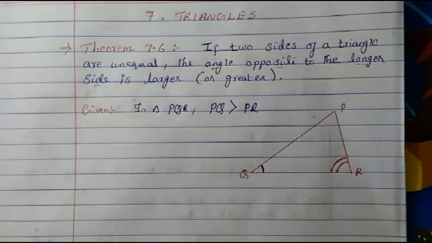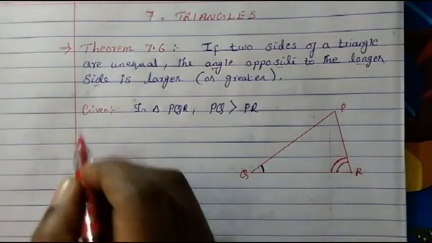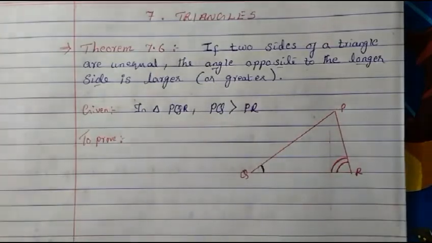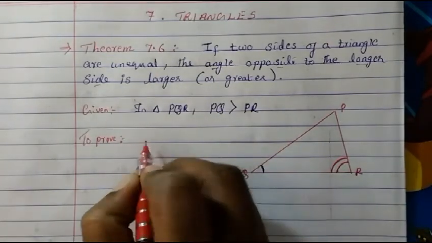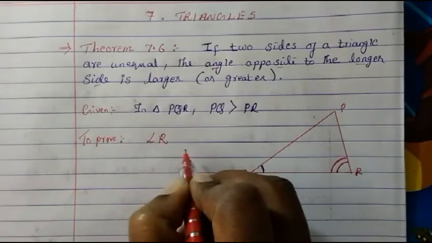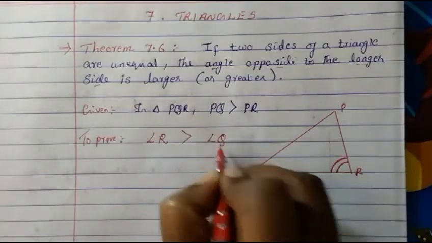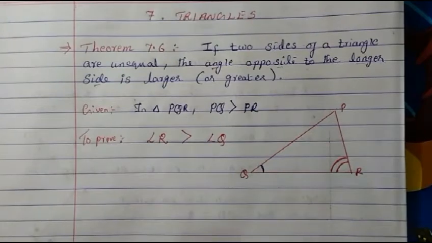This is given to us. Now let's write down what we have to prove. We have to prove that angle R is greater than angle Q.